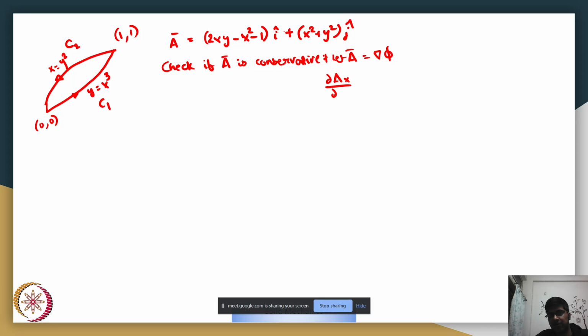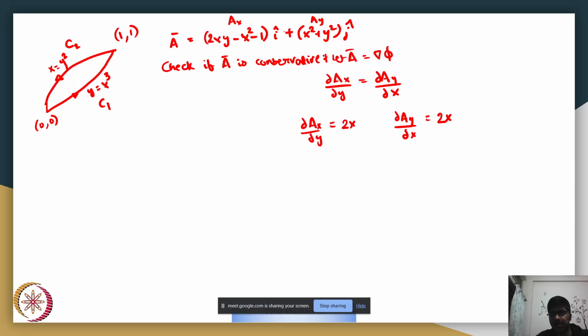We check if dou Ax by dou y is equal to dou Ay by dou x, right? Dou Ax by dou y is nothing but 2x, and dou Ay by dou x is also 2x, right?